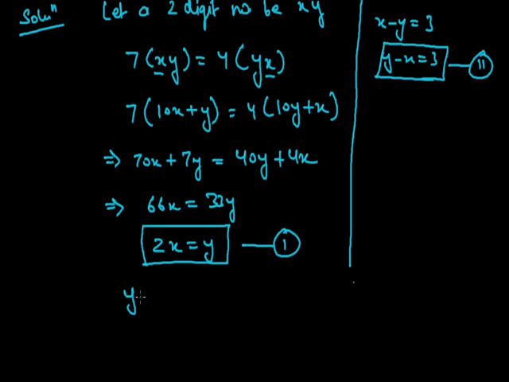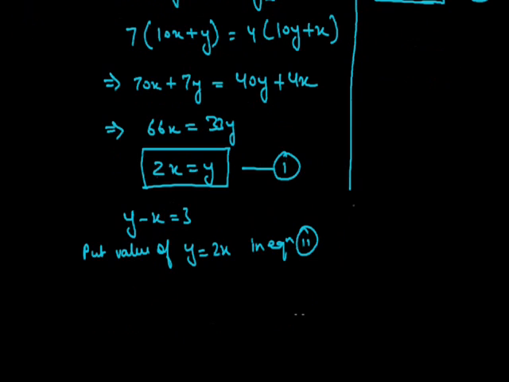As in the second equation it is given that y minus x is equal to 3, from the first equation we'll put the value of y, that is 2x, in the second equation.